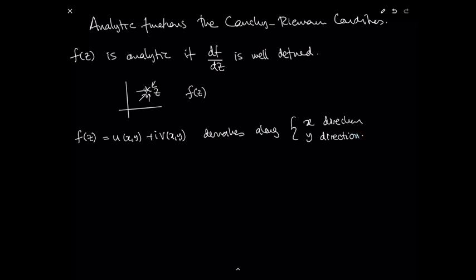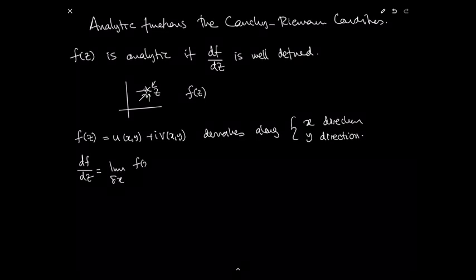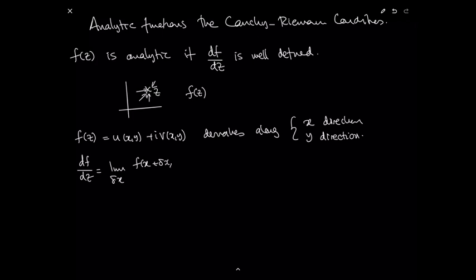In fact, let's use the definition of the derivative that you learnt when you first learnt about derivatives, as a limit. So along the x direction, we have the derivative, and I've written z in terms of its components x and y, and I'm doing the derivative along the x direction, and we take dx to be small.